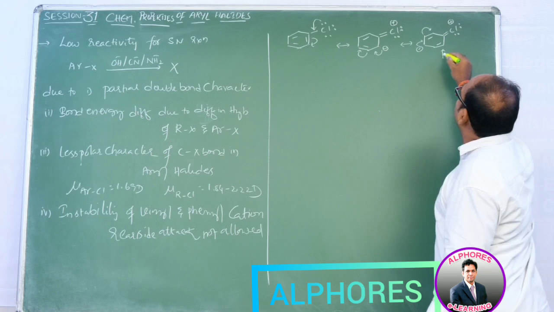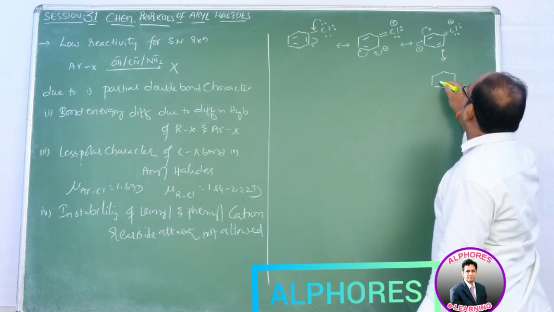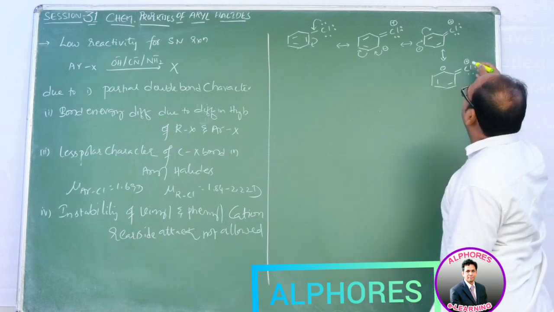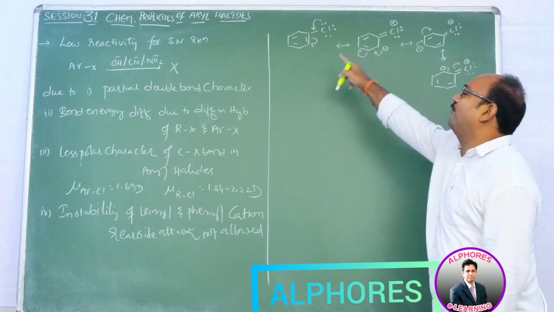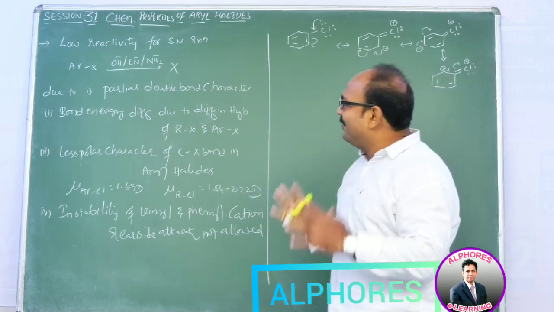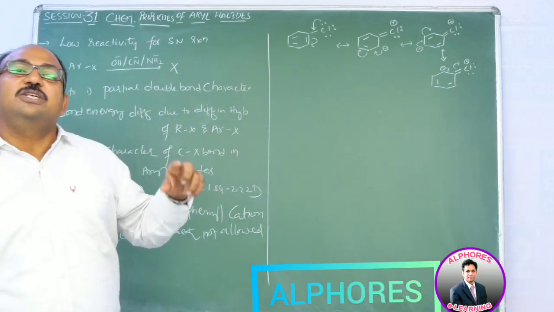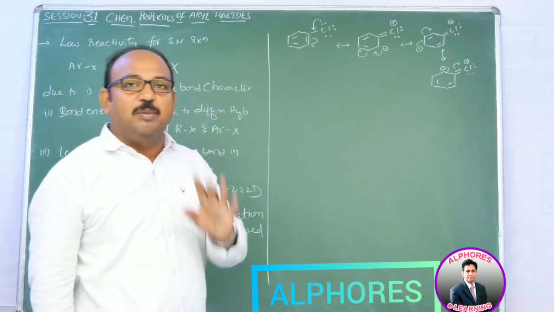As a result, we get a structure like this. These are the products, and finally, if it again participates in resonance, you get the first structure. So here it is very clear: halogen, if attached to the ring, does not maintain a simple single bond.